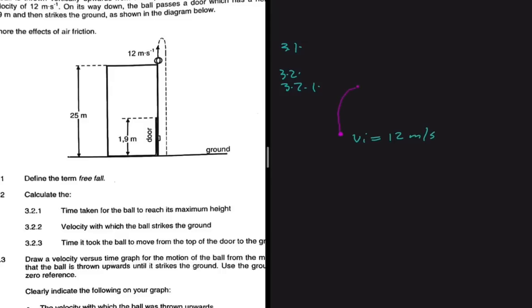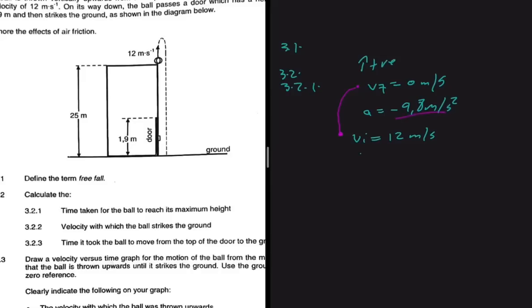At the maximum height, we know that VF is equal to 0 meters per second. We know the acceleration fully well: it is minus 9.8 meters per second squared. So now we have to decide on the direction. We take up as positive, hence acceleration is minus 9.8.